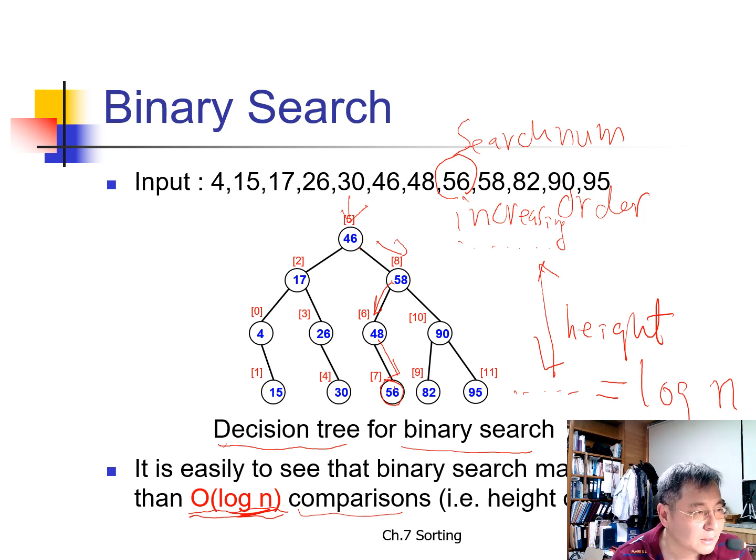But in order to use binary search, we have to have the input data ordered or sorted. So the sorting method is very important.